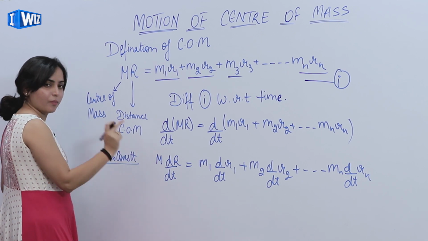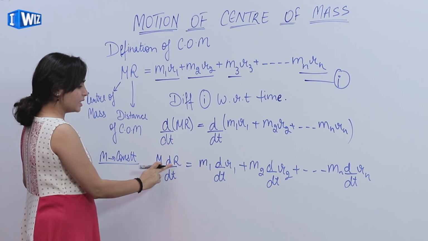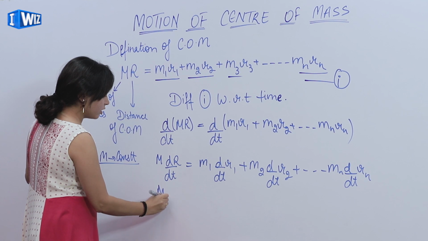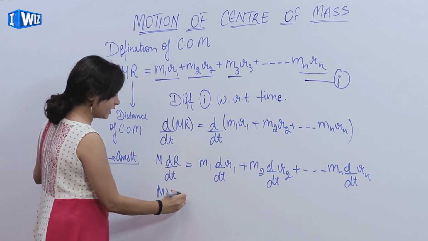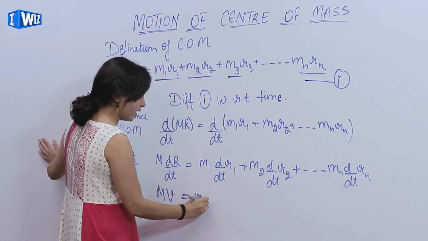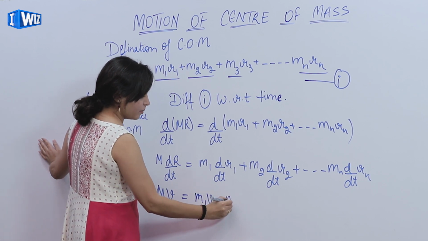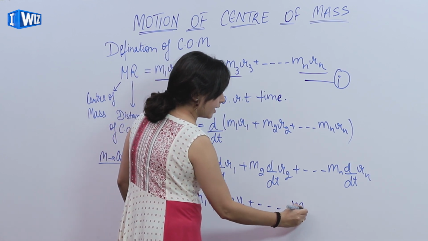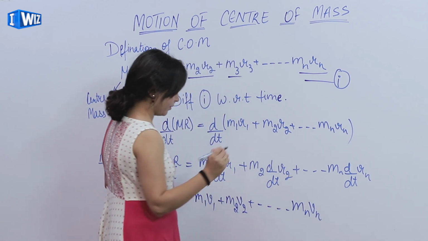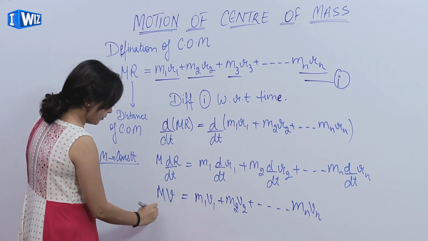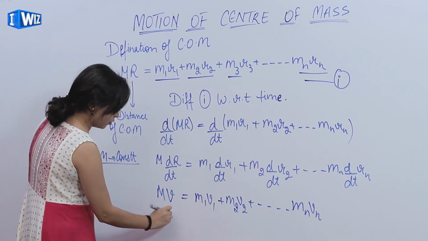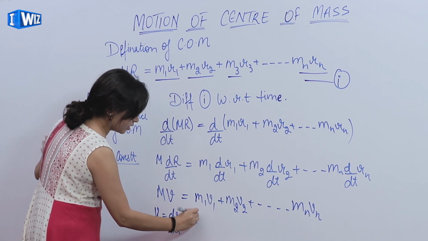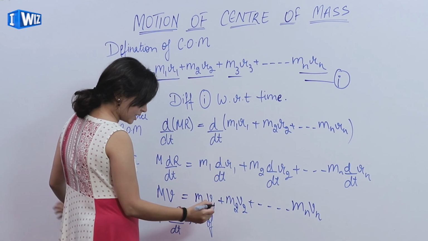इसलिए हमने मास को बाहर रख लिया. Now dr upon dt, rate of change of distance is velocity. तो mass into velocity is equals to m1 v1 plus m2 v2 plus mn vn, where v1 is equals to dr1 upon dt. This is velocity of particle 1.